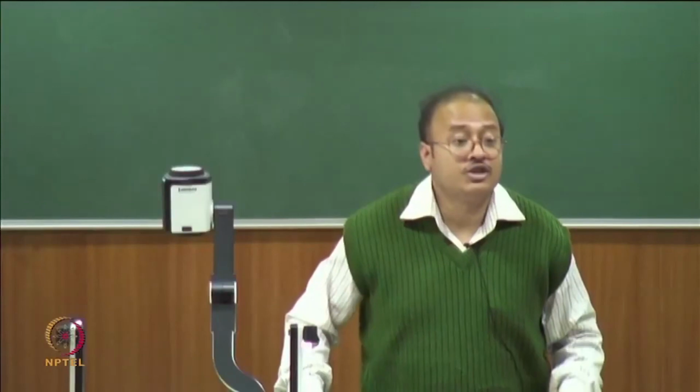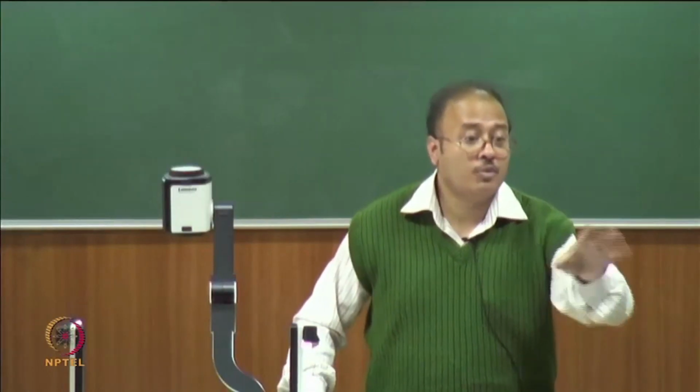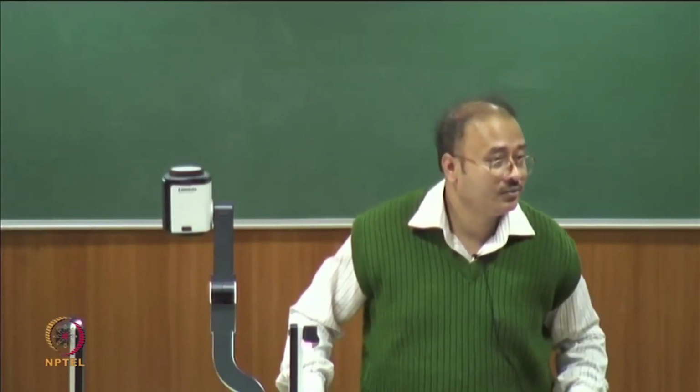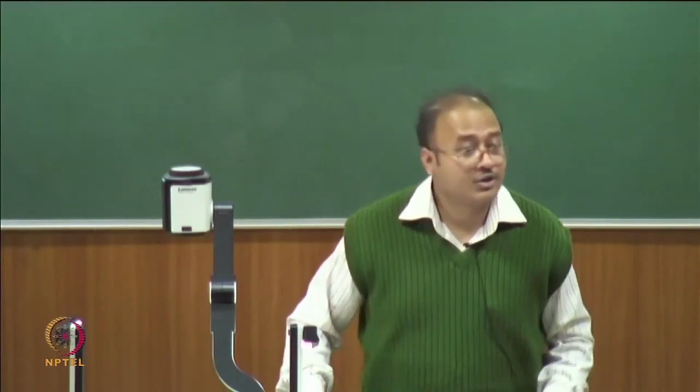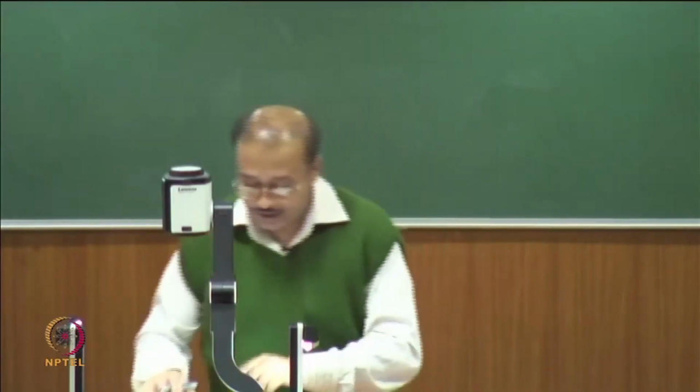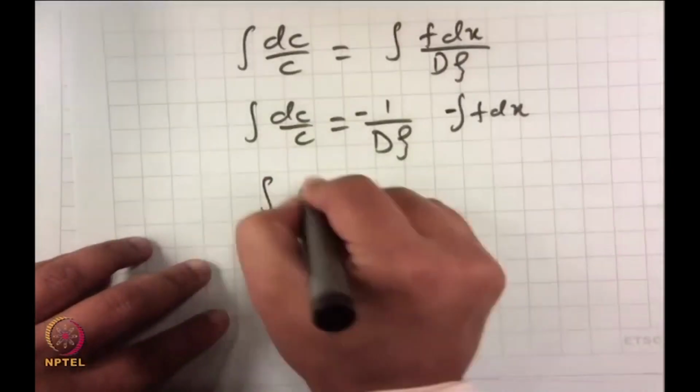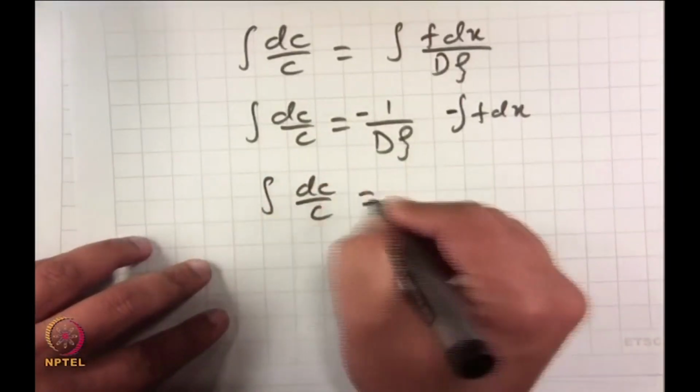And how do you define reversible work? So, a normal PV work is minus P dV, right, and then you integrate. Okay. So, this one we can also do the same thing. So, what we can now write is, therefore, dC over C is equal to what?